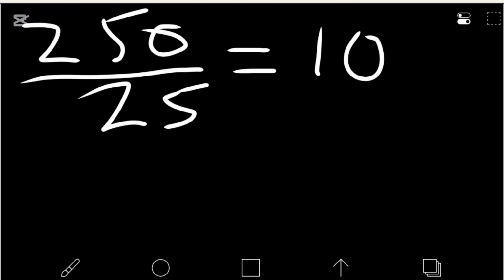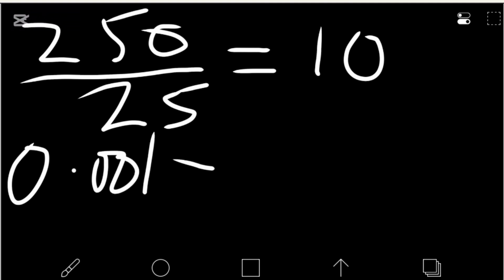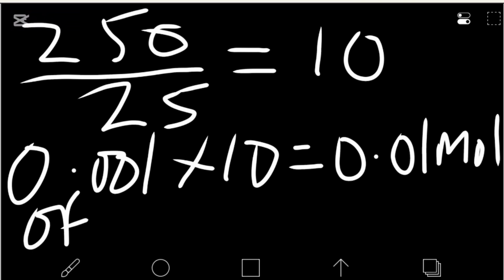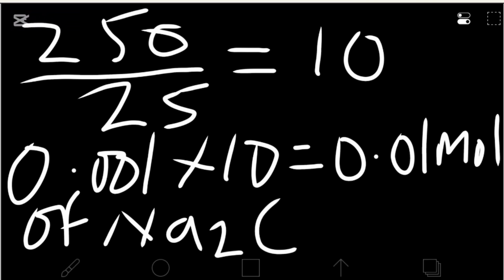So we are to multiply the value of sodium carbonate with the scale factor. So we have 0.001 times 10 is equal to 0.01 mole of sodium carbonate.